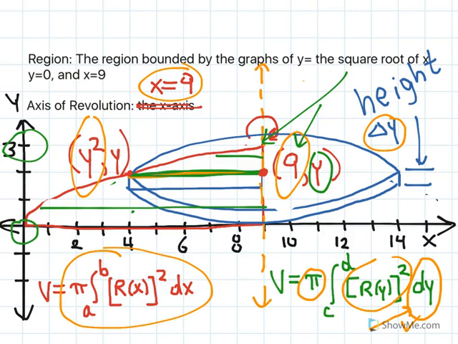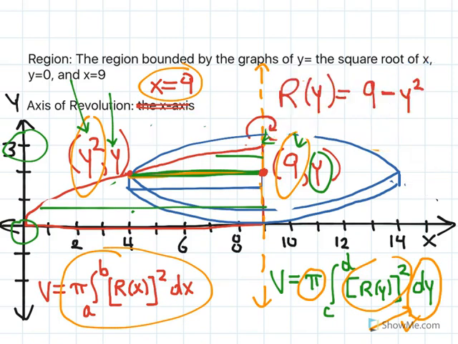And look at the left endpoint. Look at how I labeled it. It is on the graph of y is equal to the square root of x. So if I solve for x here, I get x is equal to y squared. And y is variable. It goes from 0 to 3, from the bottom of our region to the top of our region. So now, how do you find the length of a horizontal line segment? Subtract the x-coordinates, right minus left. And when we do that, here's what we get.